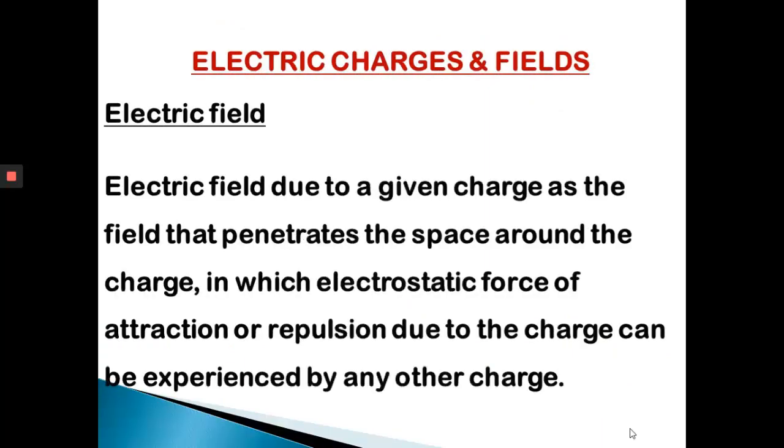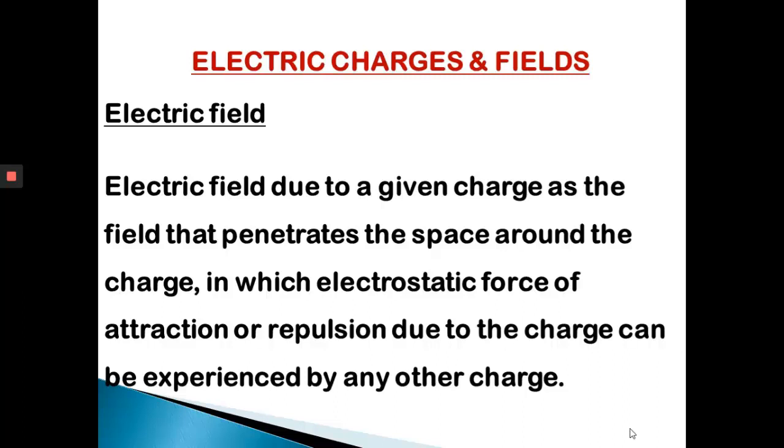First we will go through the theory portions once more. Electric field. What is meant by electric field? The electric field due to a given charge is the field that penetrates the space around the charge, in which the electrostatic force of attraction or repulsion due to the charge can be experienced by any other charge.